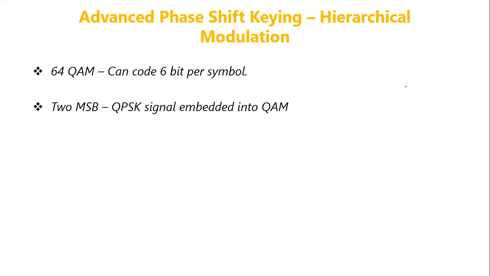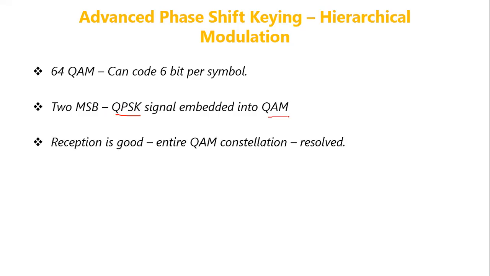Okay, so we discussed two techniques: quadrature phase shift keying, which uses 2 bits, and quadrature amplitude modulation with 4 bits. So this technique, 64 QAM, uses 6 bits. Out of those 6 bits, the first 2 MSB bits follow the QPSK scheme, and the remaining 4 bits follow the QAM scheme.